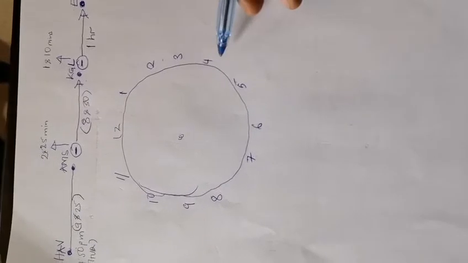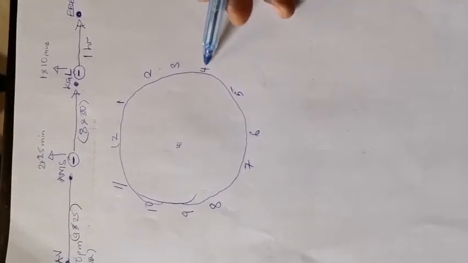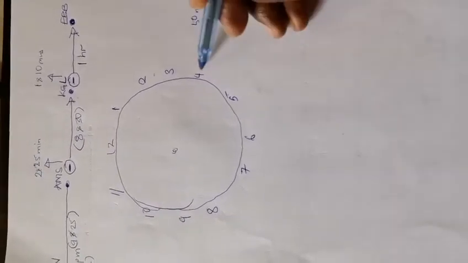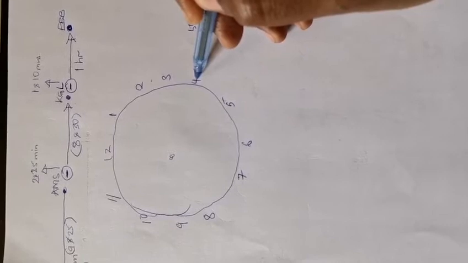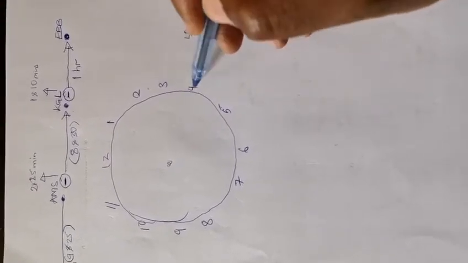50 minutes past 4 p.m. So from 4, we can first ignore the 50 minutes. We count 9 hours and 25 minutes. Okay?